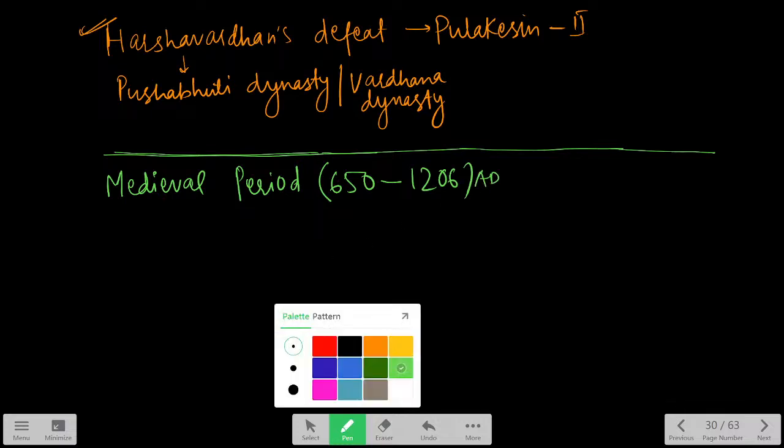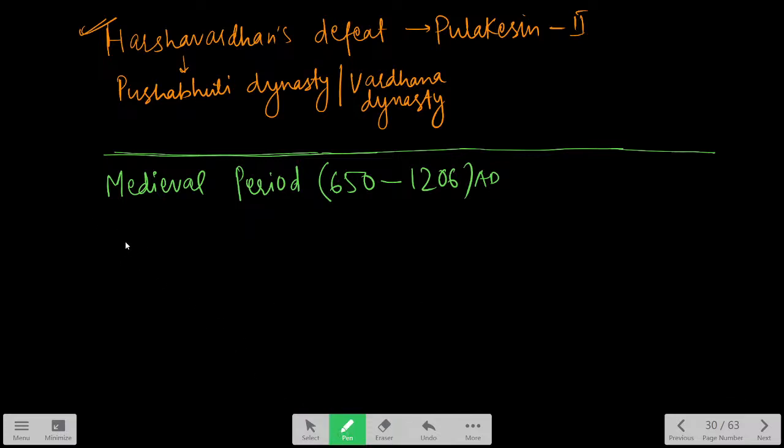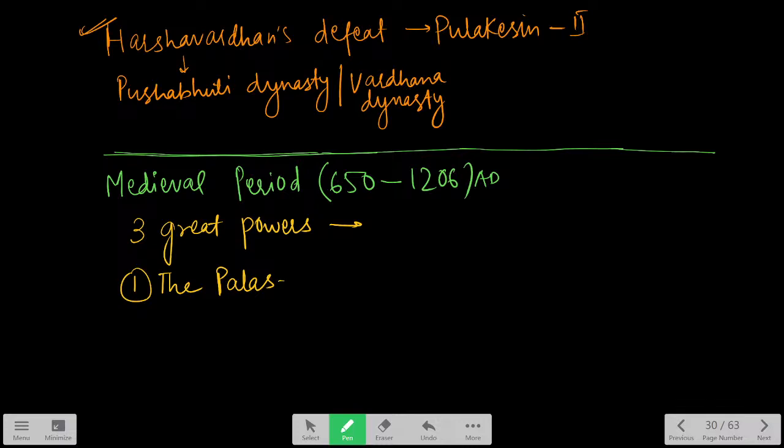So what was happening in the northwest, northern, and eastern regions? A tripartite struggle started between three great powers. One was the Palas in the east, ruling in the Bengal and Assam area, and even today's Bihar and Jharkhand.